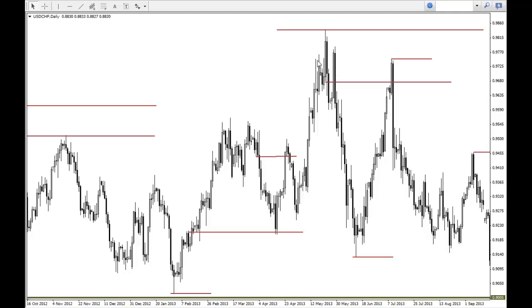Being a seller up here versus being a buyer, it goes without saying, it's pretty obvious. If price has rallied this far in one direction, you're in the outer cusp, the outer range of this trading range. The likelihood of it continuing up is far, far less than the likelihood of it going lower. So again, the question is where are we in the range, and where is the path of least resistance?